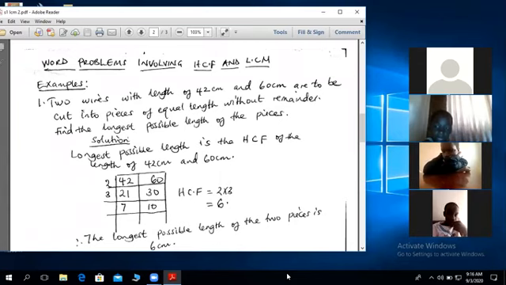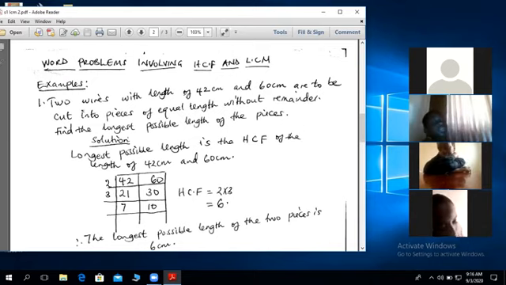For example, the question is here. It says 2 wires with length of 42 centimeters and 60 centimeters are to be cut into pieces of equal length without remainder.